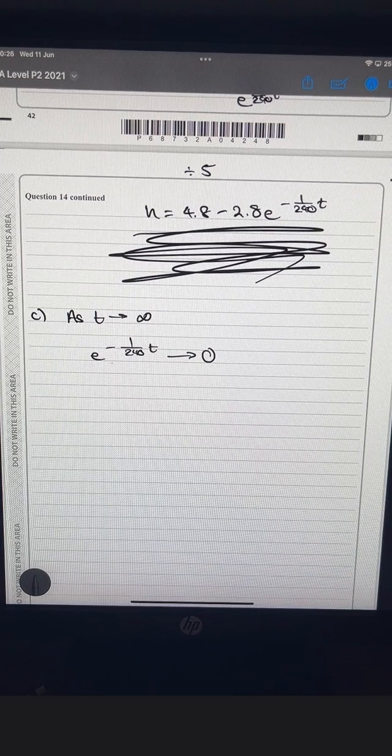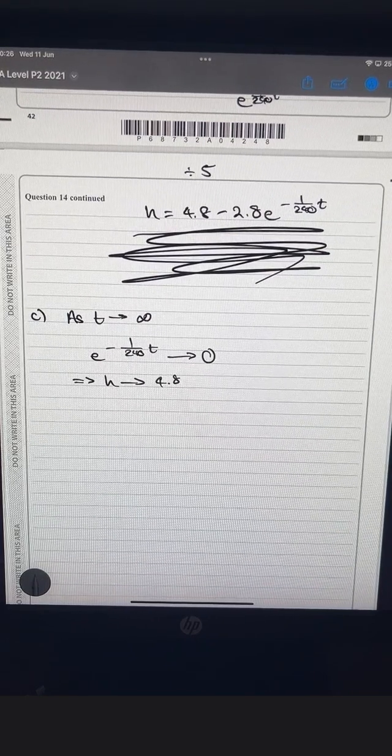You can put this into your calculator and sub in any t values and keep going bigger. You're going to get 0. So that means that h tends towards 4.8, because if I multiply 2.8 by 0, that goes away. So h tends to 4.8.